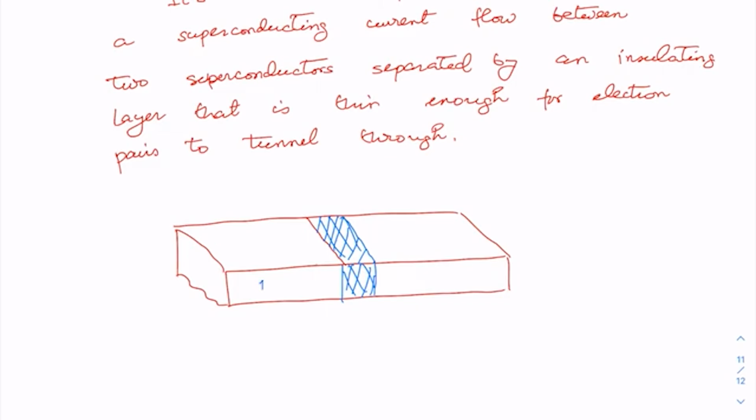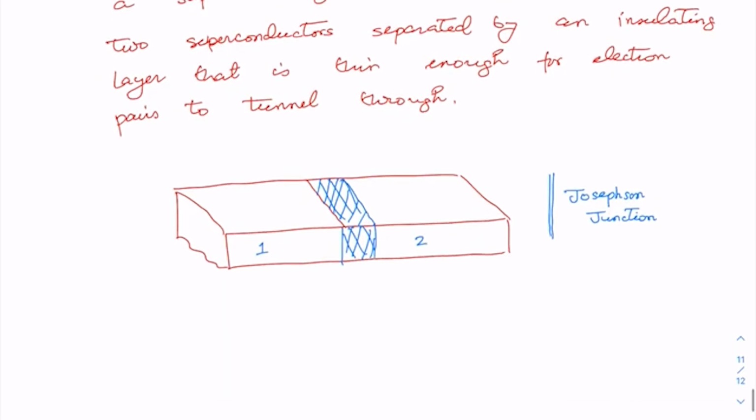Say this is superconductor number 1, this is superconductor number 2, and this junction is called the Josephson junction. Already we discussed that in the context of the Cooper pair box also. The Cooper pair box is also a Josephson junction, and it's a basic component in circuit quantum electrodynamics based technology.